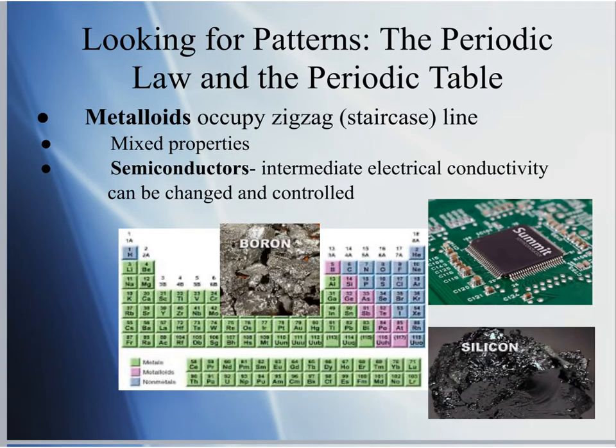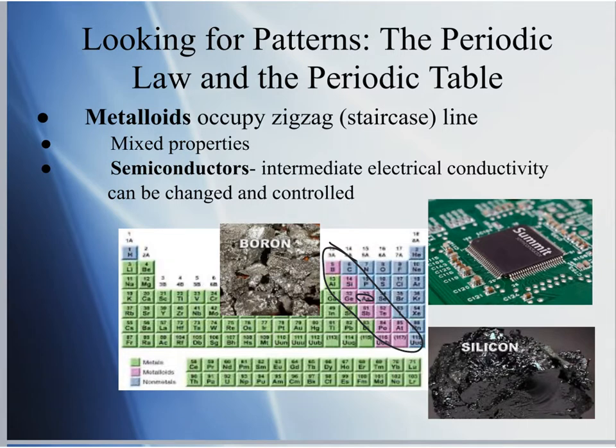All right, and then last but not least, right there in the middle, we honestly don't focus on them too much. We've got the purple ones there, starting with boron, silicon, germanium, arsenic, antimony, tellurium, polonium, and astatine. Okay, these guys are metalloids. They make a staircase in between the metals and the nonmetals. These guys, like nonmetals, have mixed properties.